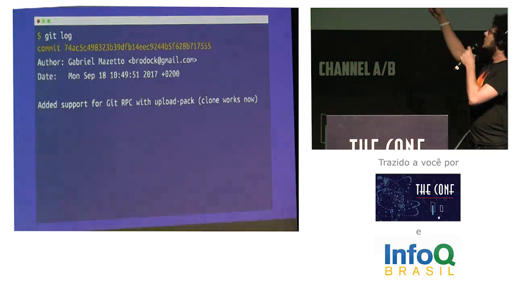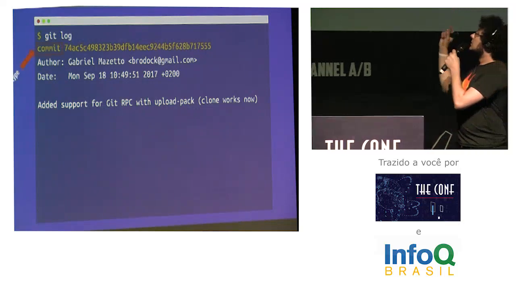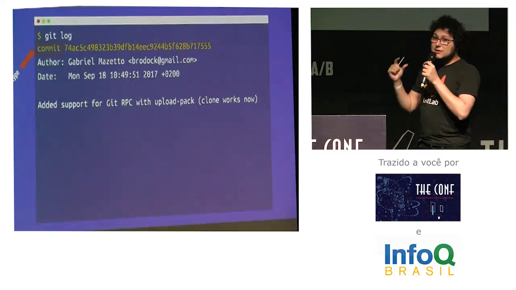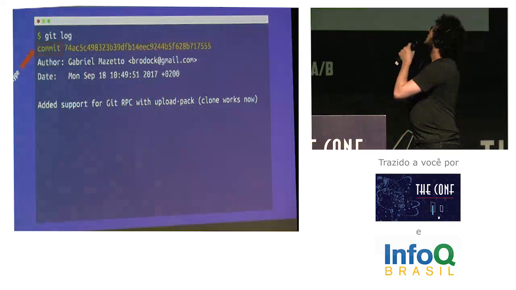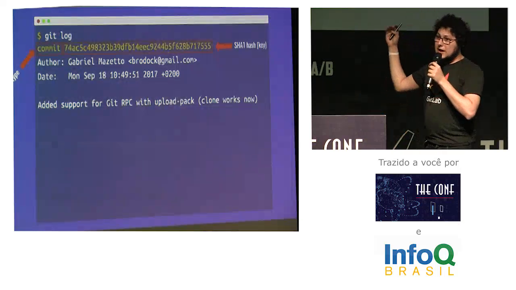So on top of it, you have the git log command. You see that there is this first argument, this first token, which is commit. This is the type of the object. Here is the key of the entry in the database.